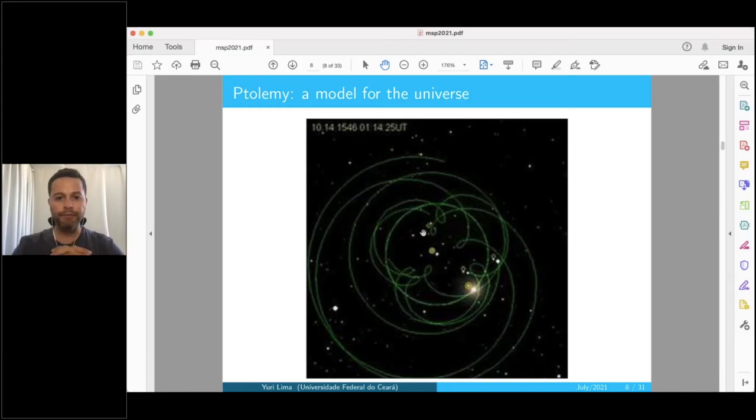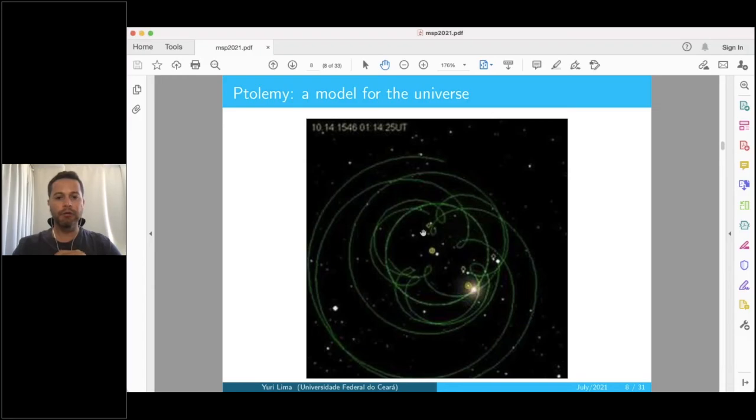And the second one was with respect to what shape the trajectories of planets and asteroids make. By that time and up to now, the most perfect shape that we have is a circle. So it was very natural to assume that the movements of the planets were exactly around circles.